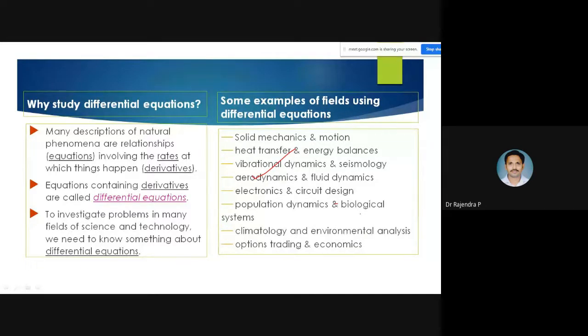Okay. So everywhere equations will be involved, but the problem is, as a mathematician, I know the equations and I can solve them. But as an engineer, you should know how to model the equation with your physical interpretations. That we are going to learn from your second year, second semester itself, because at that time all your theory, core subjects will be introduced to you. Even some subjects will be introduced in second year, first sem itself.